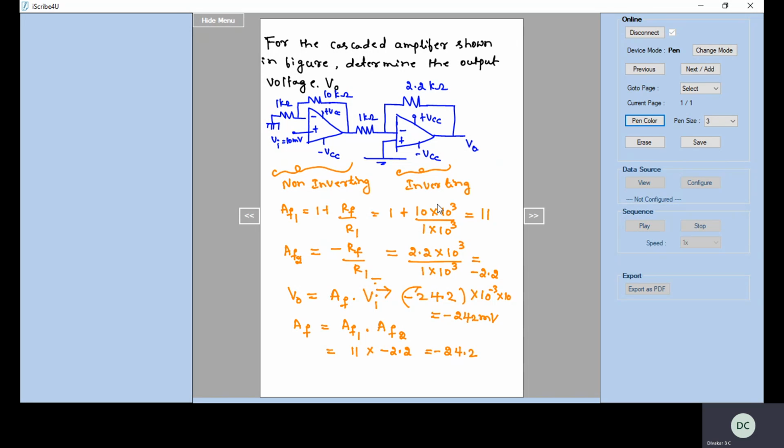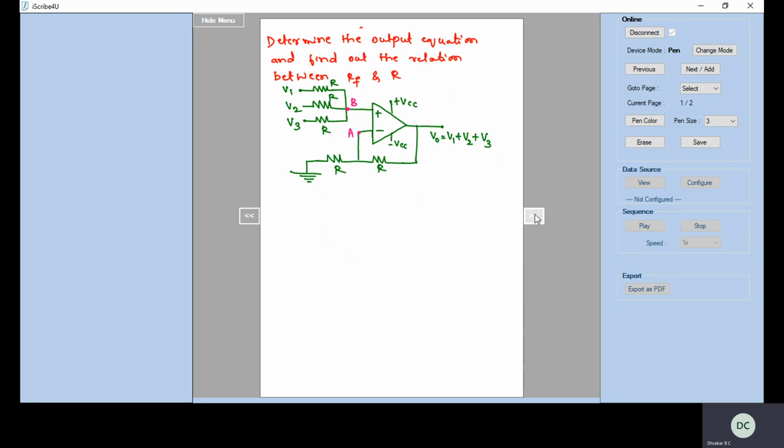The next numerical: determine the output equation and find the relation between RF and R. So here we need to identify the circuit. Since the three inputs are applied to the non-inverting terminal, it is a non-inverting summer circuit.